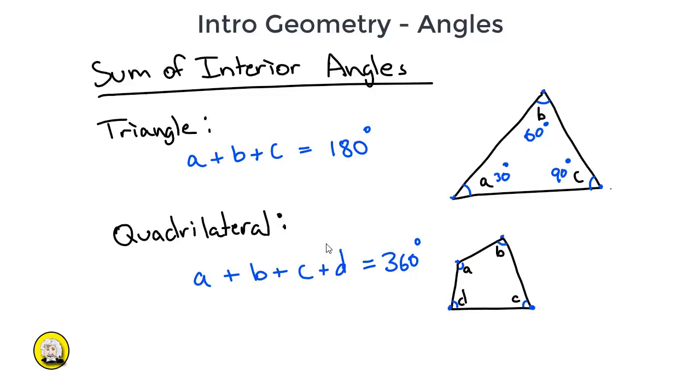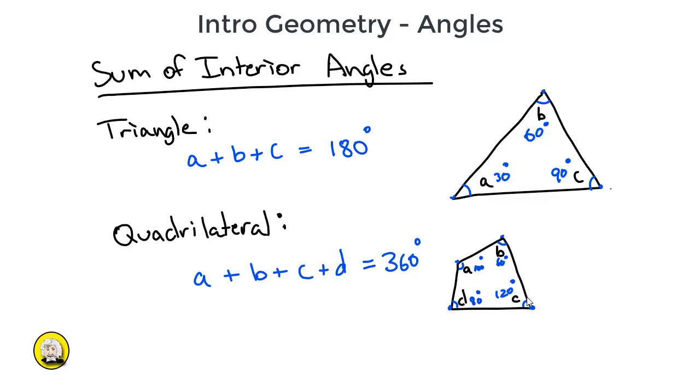And if we look at the quadrilateral, which again includes squares, rectangles, kites, rhombuses, parallelograms, trapezoids, let's suppose that angle was 100 degrees for A, and B is 60 degrees, and D is 80 degrees, then I know that total is 240 degrees, which means my angle C should be 120 degrees.